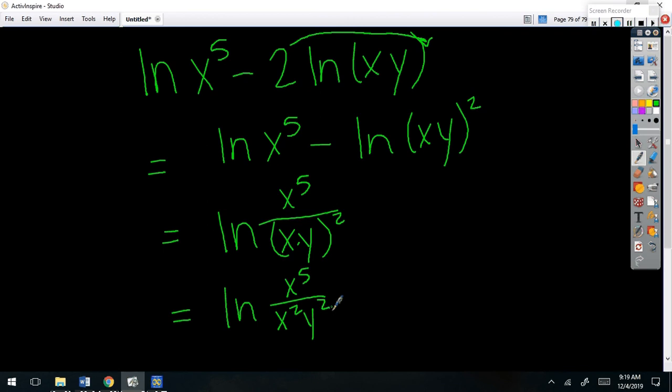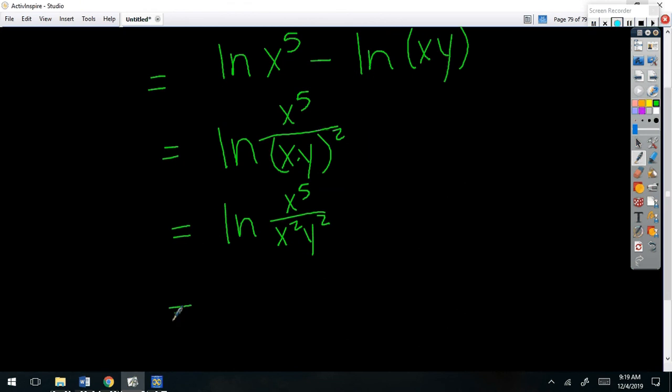I've got same base, top and bottom. What do I do? Subtract. Now we're back in those properties of exponents. So I have natural log of, what's in the numerator, over. Pretty easy. Everybody think so?